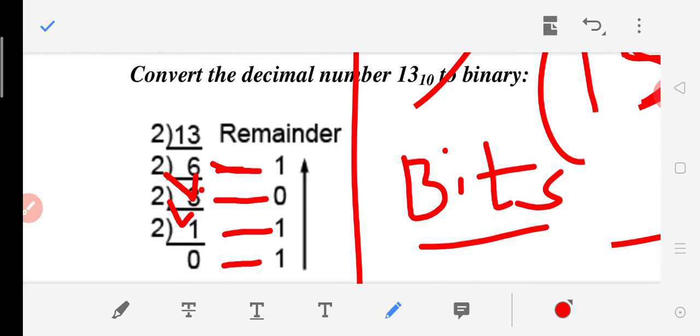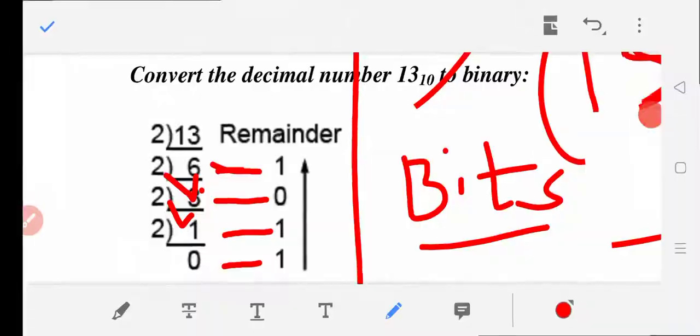In the decimal number system, these symbols are called digits. Keep these terms in mind: LSB, MSB, LSD, MSD. MSD means most significant digit, and LSD means least significant digit. These terms are used thoroughly in the next classes.